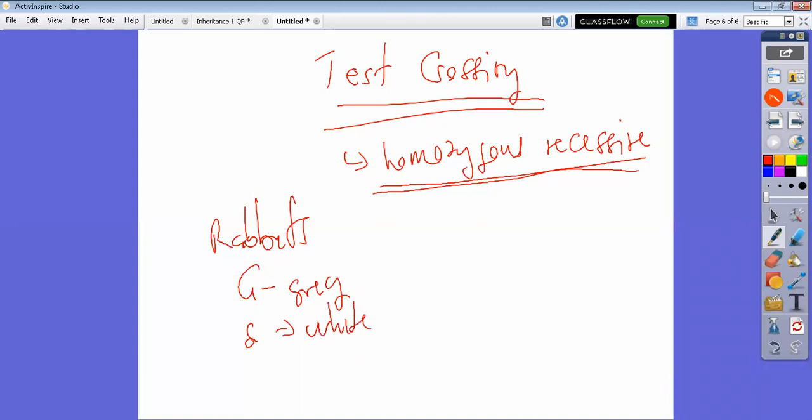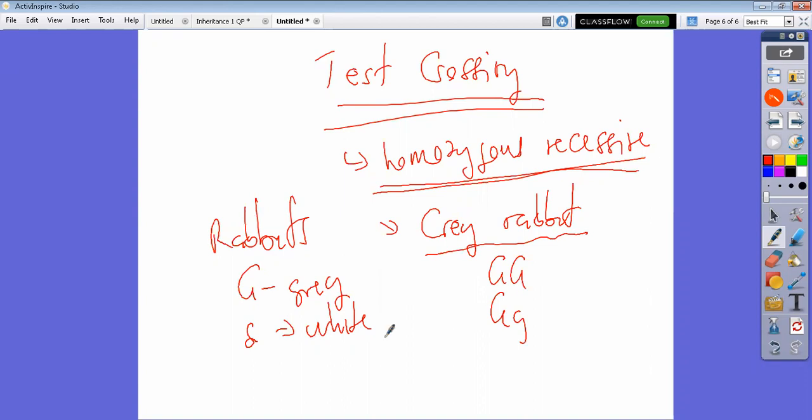Clear? So now, let's say I'm given a gray rabbit and I don't know whether this is homozygous or heterozygous. The only way I can test that is when I use a white what?